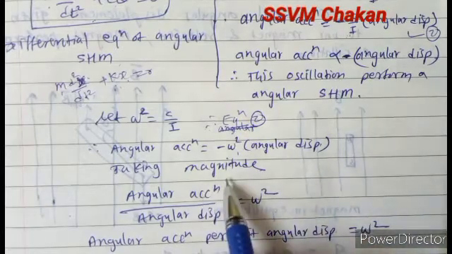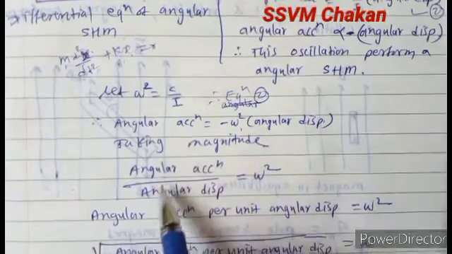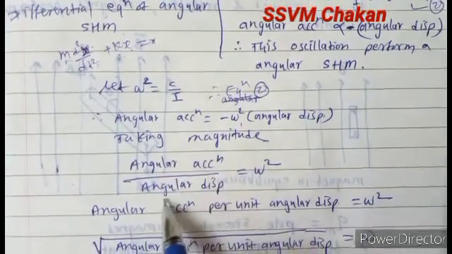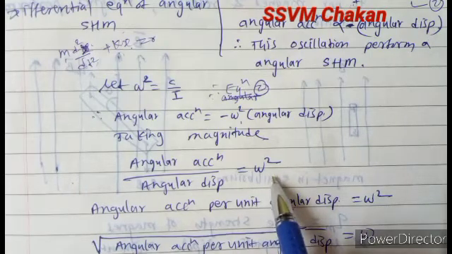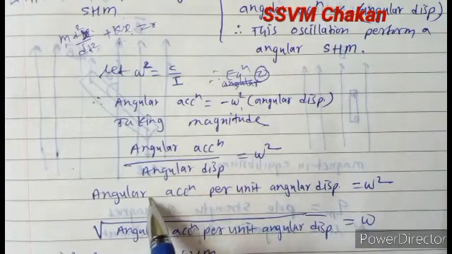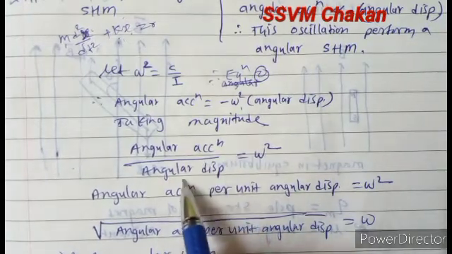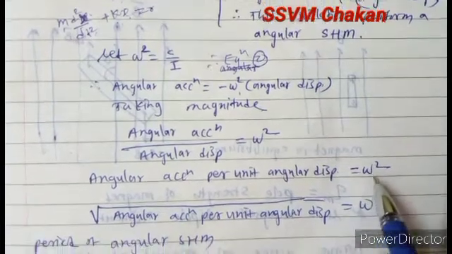Now we consider the magnitude and shift angular displacement to the LHS. So angular acceleration divided by angular displacement is equal to omega square, and this can be written as angular acceleration per unit angular displacement is equal to omega square.